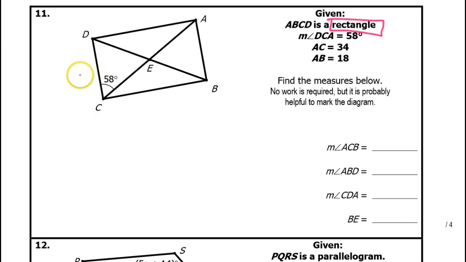So for example, they gave me this 58 right here, or they gave me some other things too, but I'm going to start with this angle. So if I draw this line of symmetry, I see the 58 below, so that's going to be the same above. So this angle right here will also be 58 because of this symmetry.